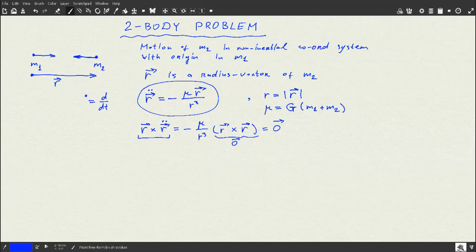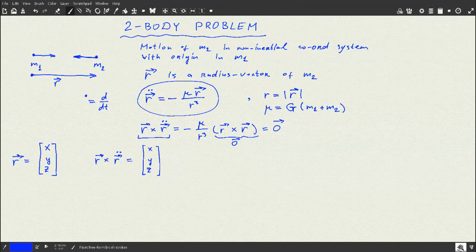In coordinates, r is some coordinate vector, right? So x, y, z, for example. So what is r double dot in this case? r times r double dot is the cross product of those vectors.